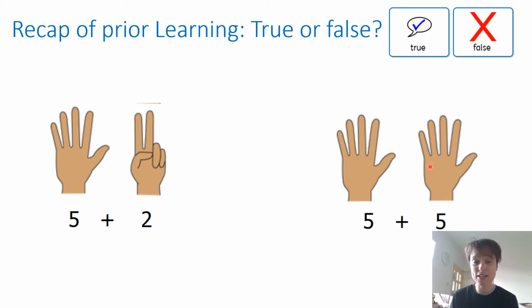So instead of having 2 fingers on this second hand, I can have 5 fingers on this second hand so that the picture can match the expression. So now if we look at this second picture, the 5 represents the 5 fingers on the first hand, and this second addend, the 5 represents the fingers on this second hand. So there are 2 different ways that we can change the image to make it correct, to make it true.